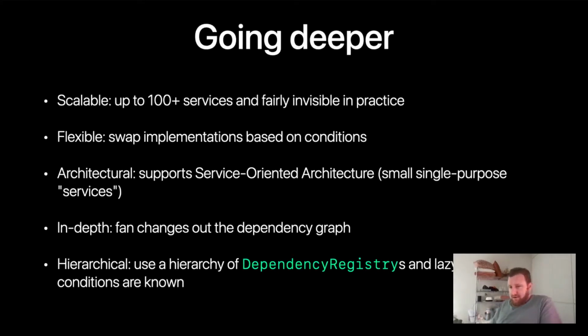So going deeper into this, one of the implementations I have of this is now up, has just passed the 100 different services or dependencies mark. And it's fairly seamless and fairly invisible in practice. We just kind of forget that we're passing dependencies around at all. You can just write your @dependency and there it is. And if it's not there, it's going to yell very loudly about it.